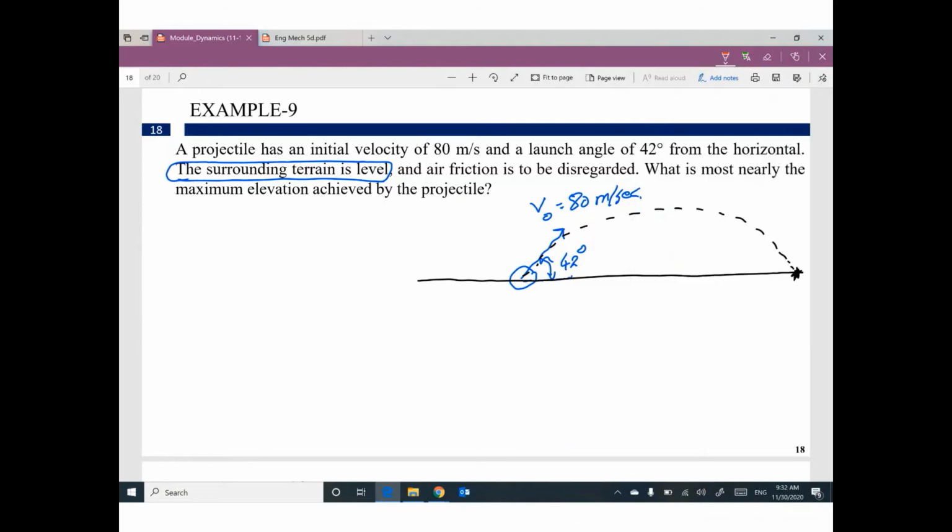If you put at this location the x-axis and y-axis, believe me, at this location y equals 0. Anyway, the air friction is to be disregarded. What is most nearly the maximum elevation achieved by the projectile?